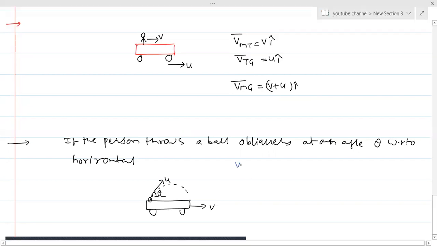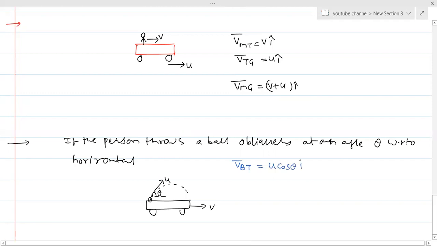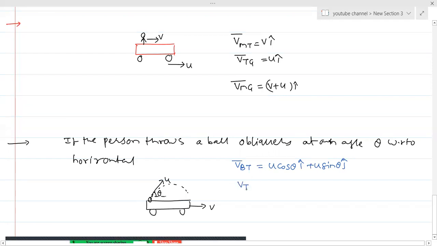So first I'm writing the velocity of the body with respect to the truck: u cos theta into i cap plus u sin theta into j cap. After this, next we will write the velocity of the truck with respect to ground, which is nothing but v into i cap.